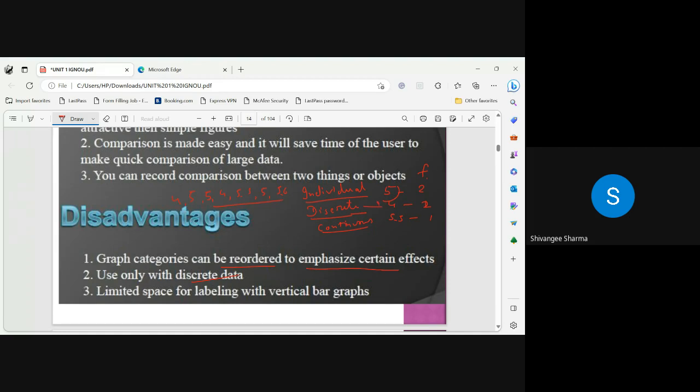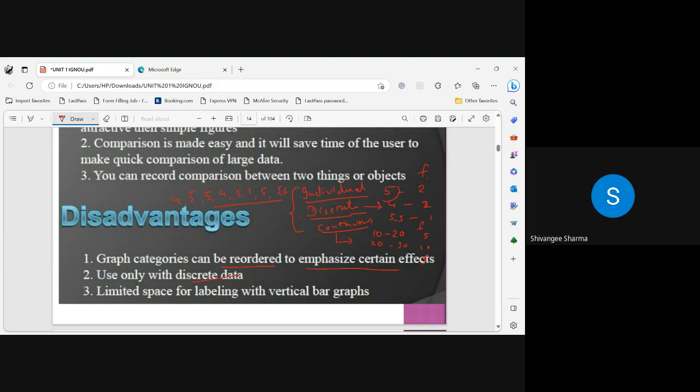This type of data is discrete data, and continuous series are basically the series which we have in our 6th or 7th standard, with class intervals like 10 to 20, 20 to 30, and 30 to 40, and with this the frequency is given: 5, 10, 5, etc. So these are the three types of data which we generally get in statistics: individual data, discrete data, and continuous series.